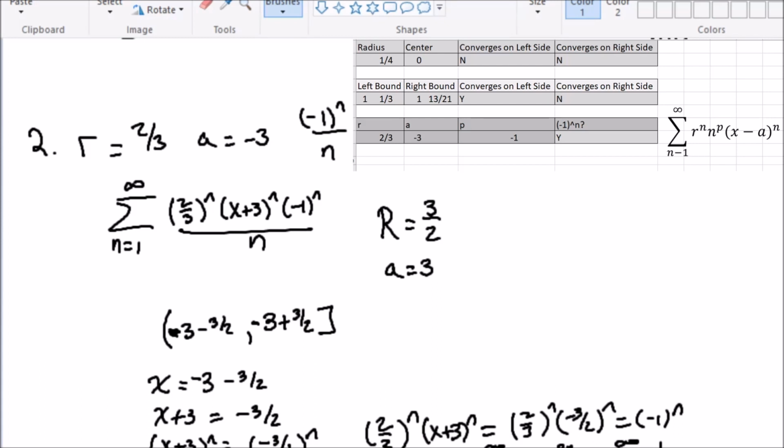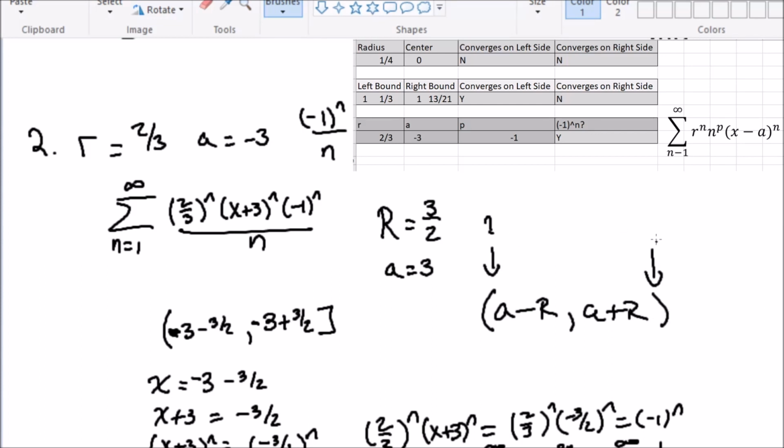I've sort of parameterized all the series. So the number to the n in the power series is going to be the reciprocal of my radius. The x minus a, the a is going to be the center of my interval. Every single one of my intervals is going to be a minus r to a plus r.